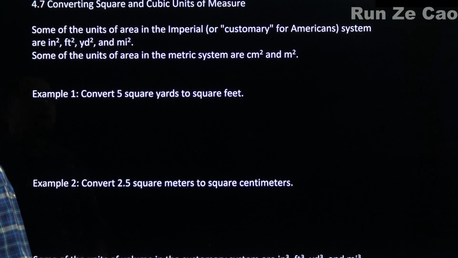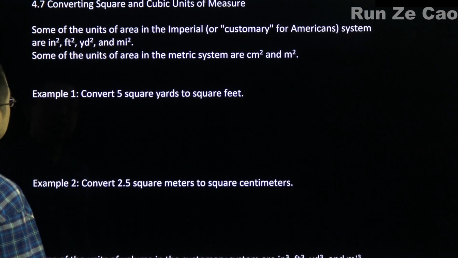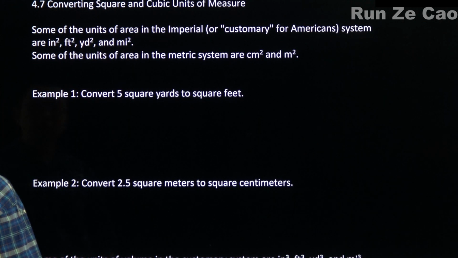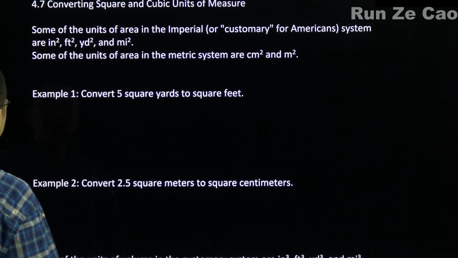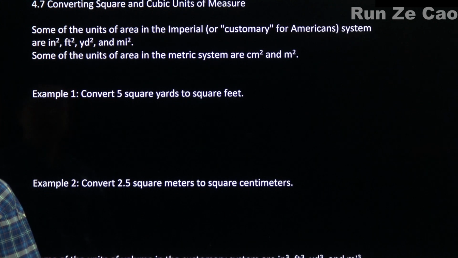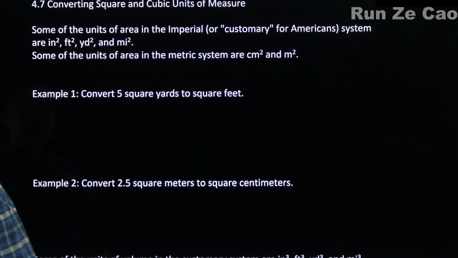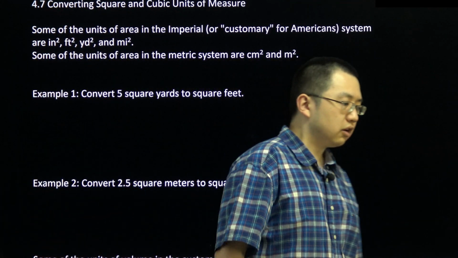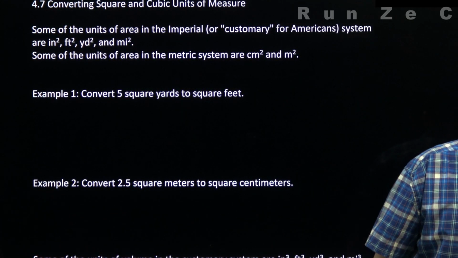Now the system, some of the units of area are square inches, square feet, square yards, or square miles. There are also other interesting units of area, such as the acre, but we won't get into that. Some of the units of area in the metric system are centimeters squared and meters squared.